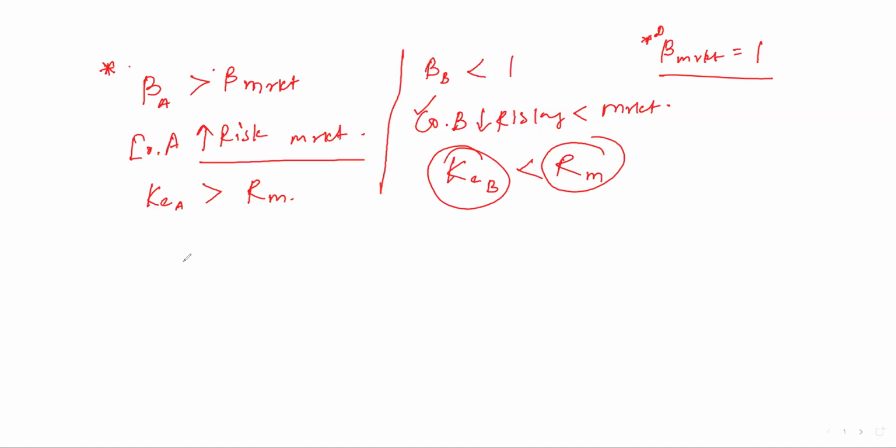With this, we are done with one of the discount rates, that is cost of equity. What was the next discount rate that we wanted to talk about? Anyone remember? Yes, the next discount rate was WACC, weighted average cost of capital.